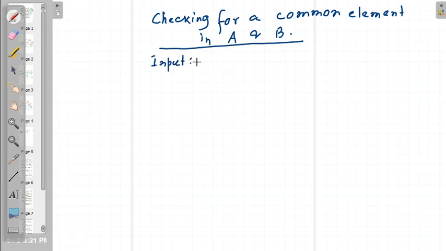Input: A and B, each containing n numbers.